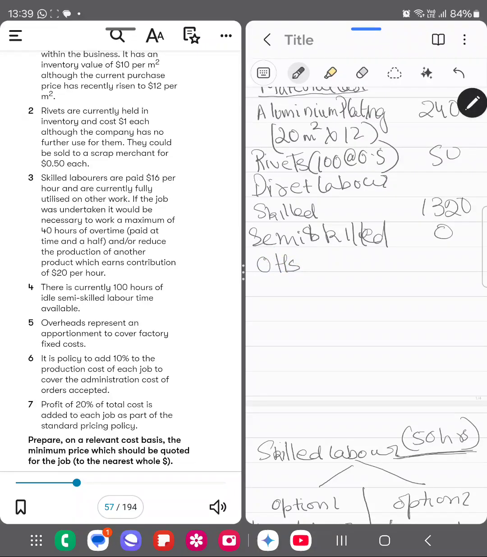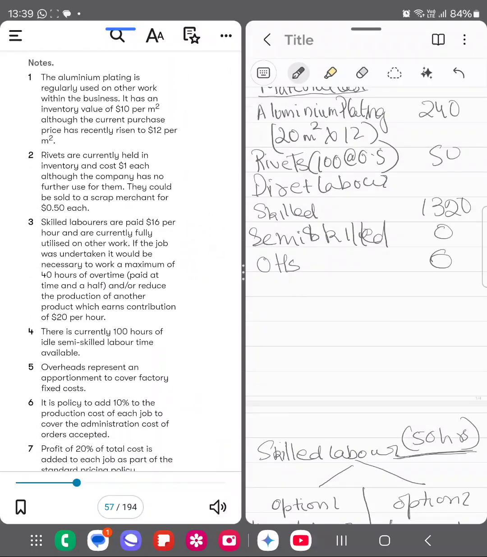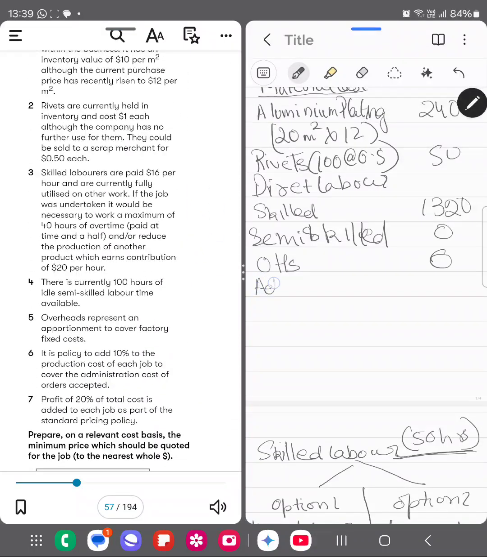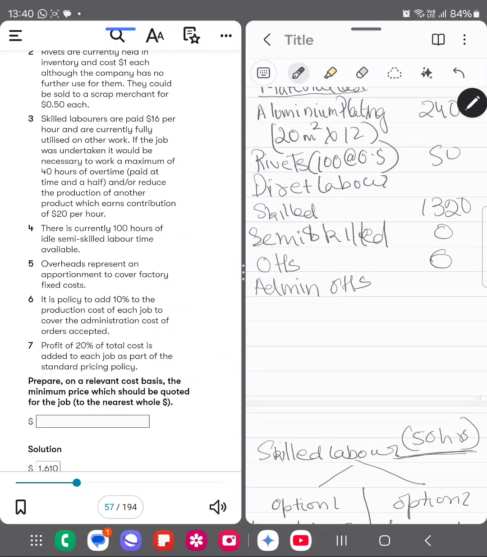Fixed costs are not covered under the relevant cost concept because they are not incremental in nature. Then we have administration overheads, and for that they have given us note number 6.